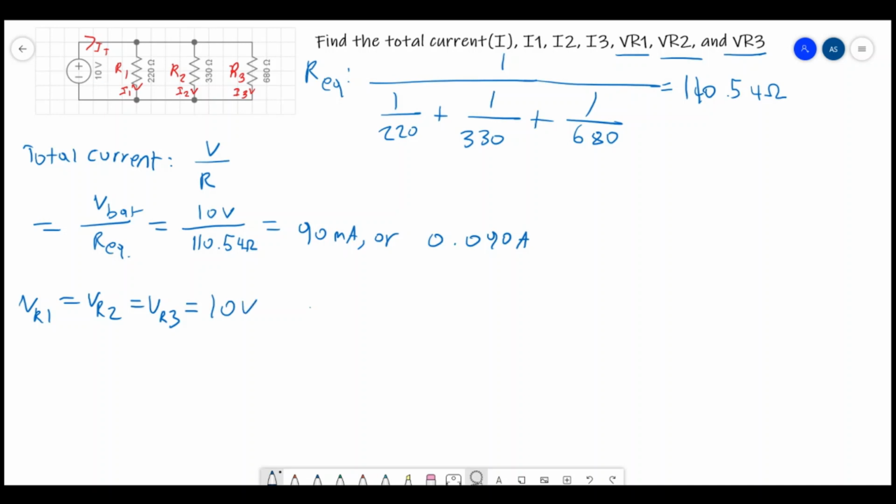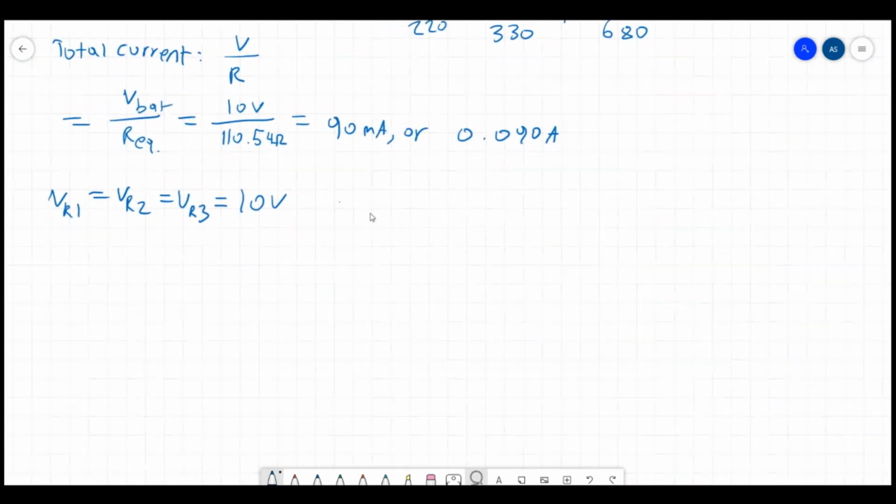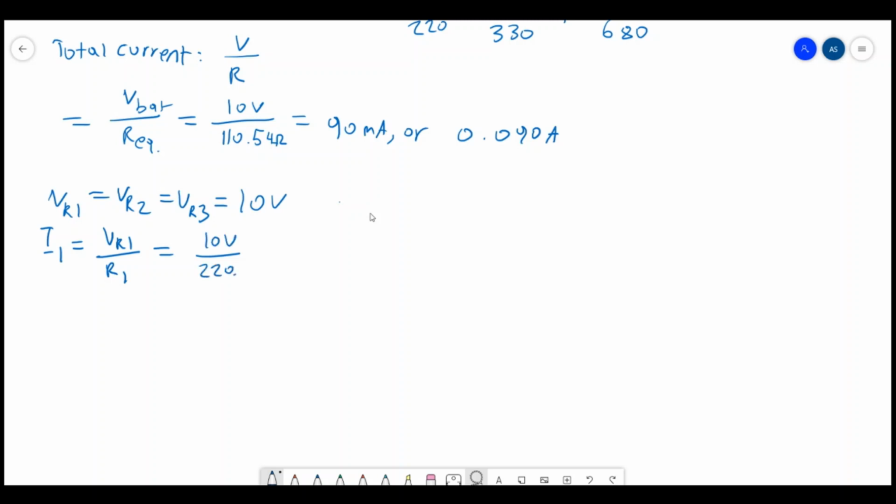Okay, now using VR1, VR2, and VR3, we can find I1, I2, and I3. In order to find I1, we'll do VR1 divided by R1. Now it will be 10 volts divided by 220 ohms.